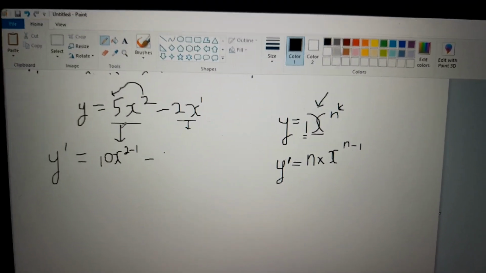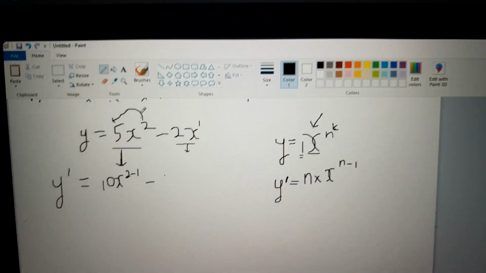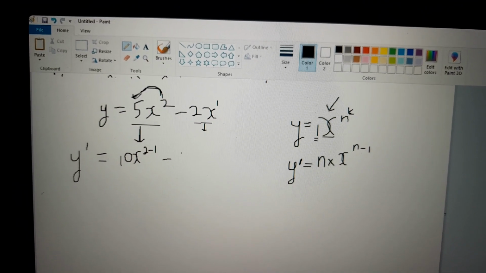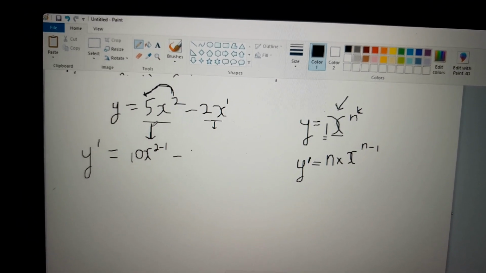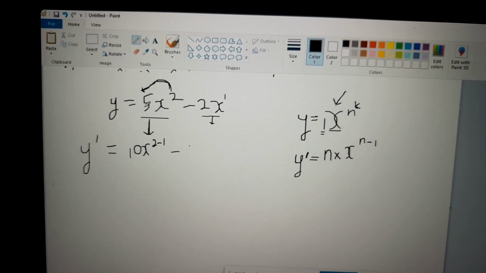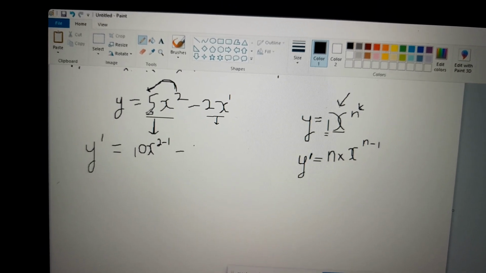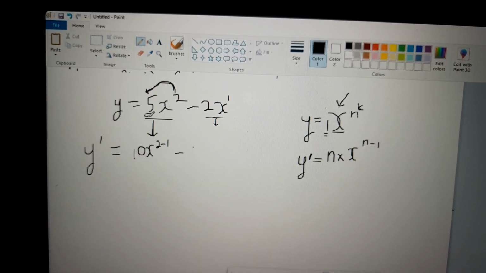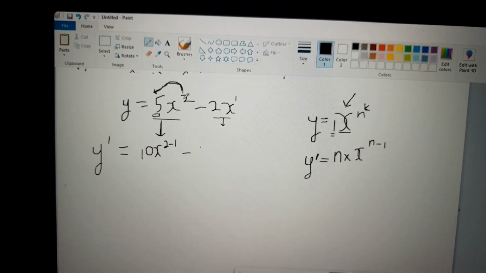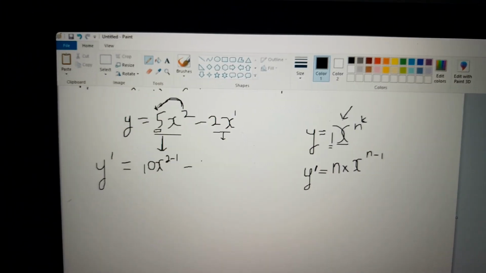So when you said you multiply 5 by 2, it's not 5 by 5? No. We are taking the index and multiplying the coefficient. That's the rule. We're not dealing with laws of indices, right? I'm answering your question. Please don't be offended. No, sir, that's okay because I got confused there.